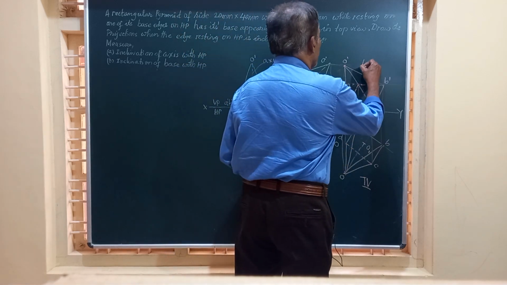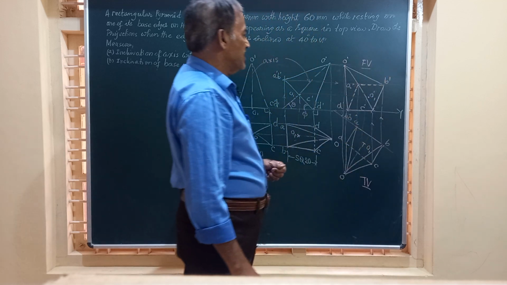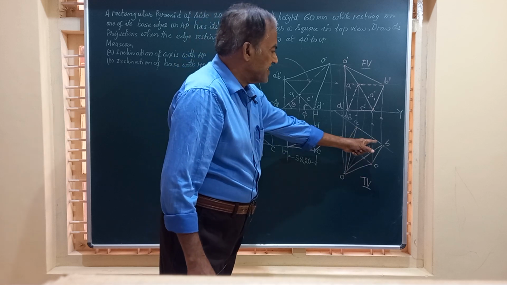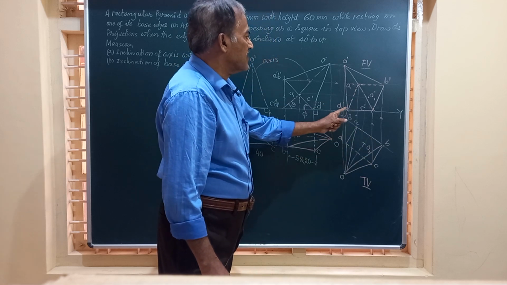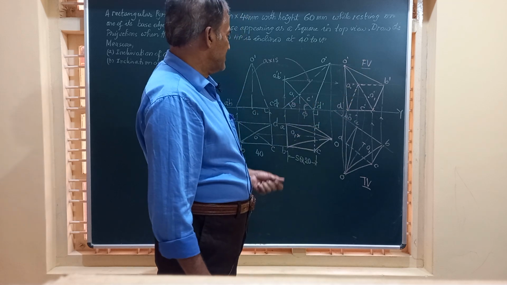And friends, this will give you the final front view of the figure. And here, since A is not visible, the lines connecting AB and AD are also not visible, and hence I have shown them by dotted lines.